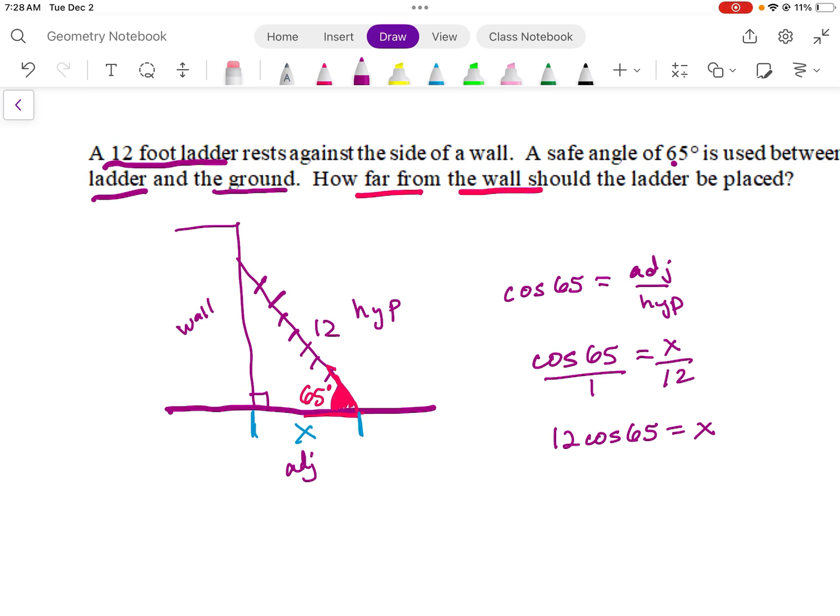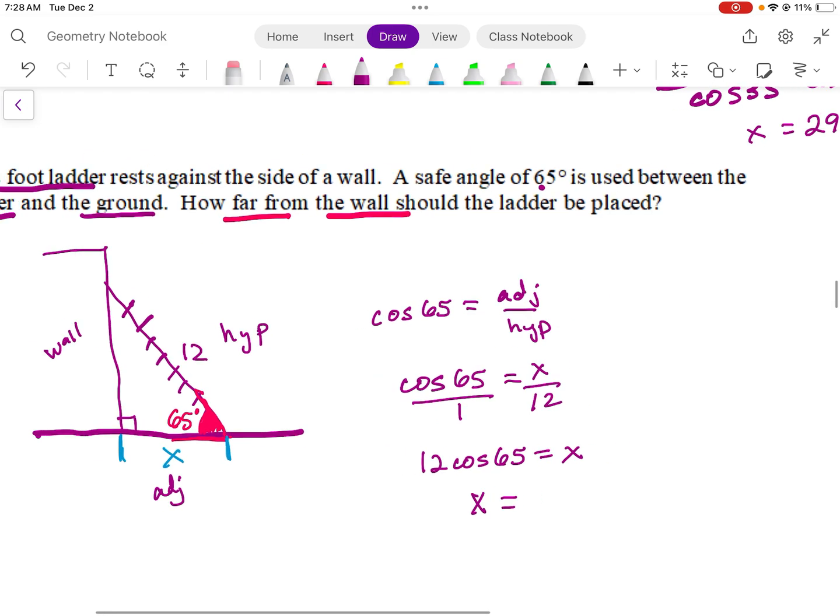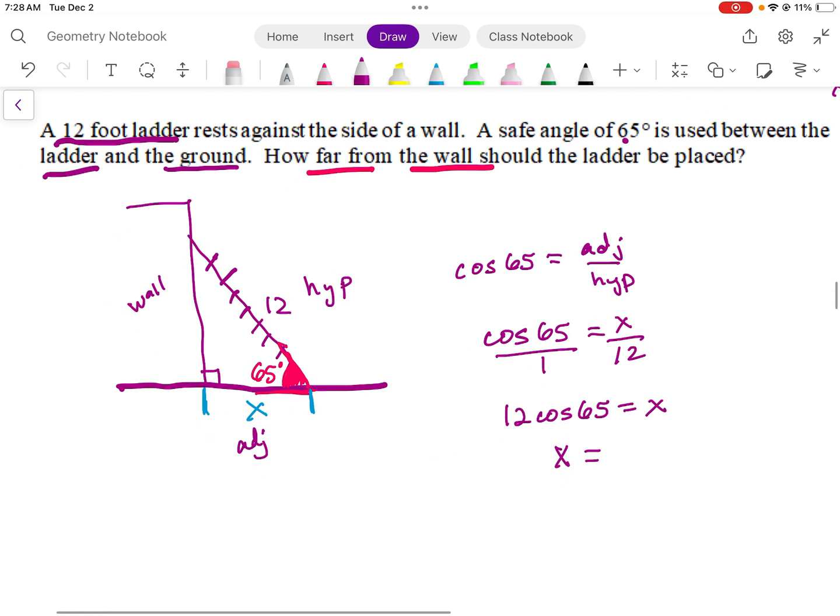So 12 times the cosine of 65, my calculator says, is about 5 feet. 5.07, so 5.1 feet, or about 5 feet. Okay? All right, good luck.